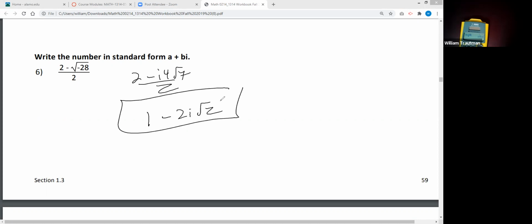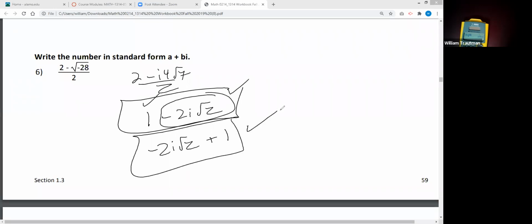This was the answer. But in the back of the book, they always have the i part first: negative 2i square root of 7. Do you see the i has the negative? This 1 is positive, so then you put plus 1. So this is the way the answer key is.